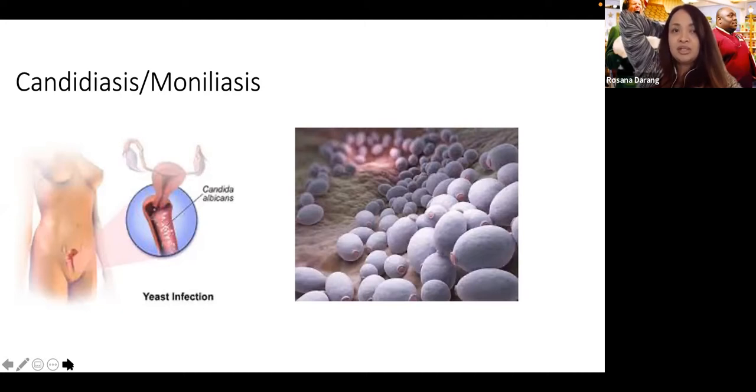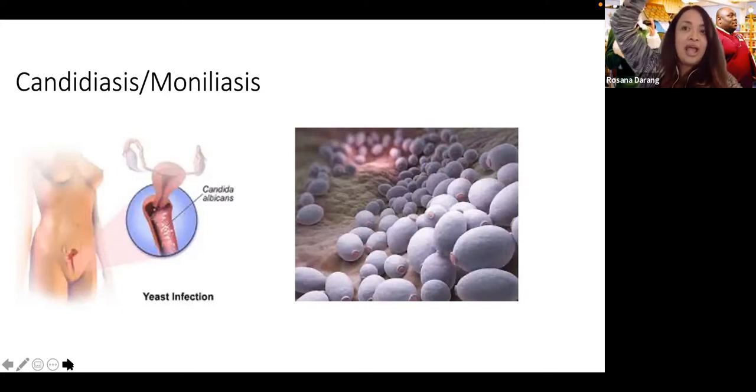Say if someone has diabetes, or if someone is taking antibiotics and they have extended their dosage or they were overdosed. What happens is it kills the bacteria, and now the candida or the fungus will take that opportunity to overgrow. It's like they're saying, oh, the bacteria is gone, we have more space to multiply. So they take over, and now there's yeast infection.